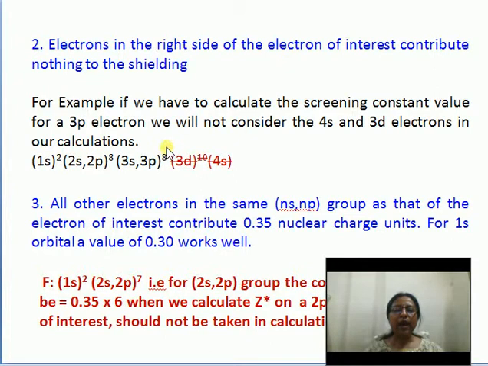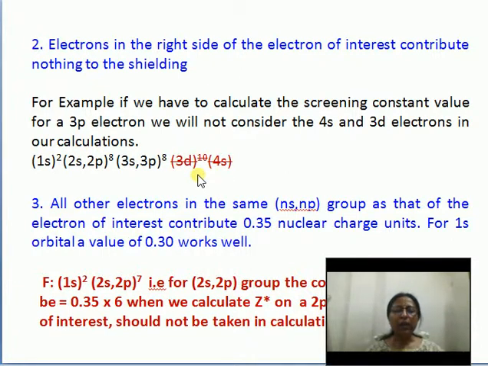So the outer electrons will not contribute to the screening constant value. That is very simple, because they are outside, and if your nucleus is here, this electron will take part in the calculation of the sigma value, not the electrons which are outside of the electron of interest.